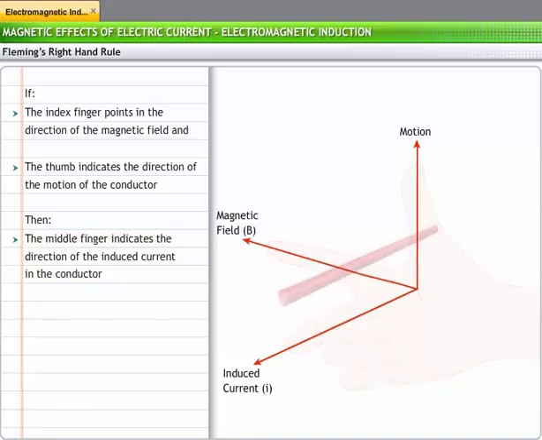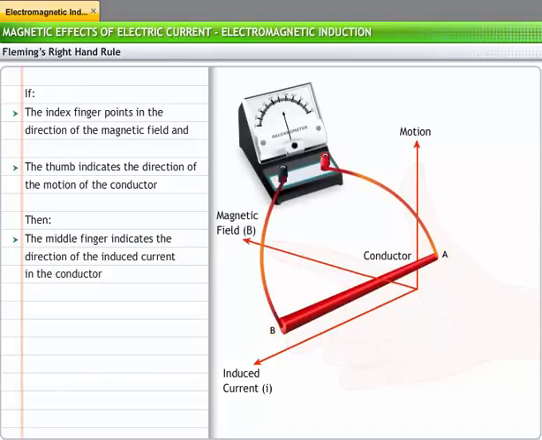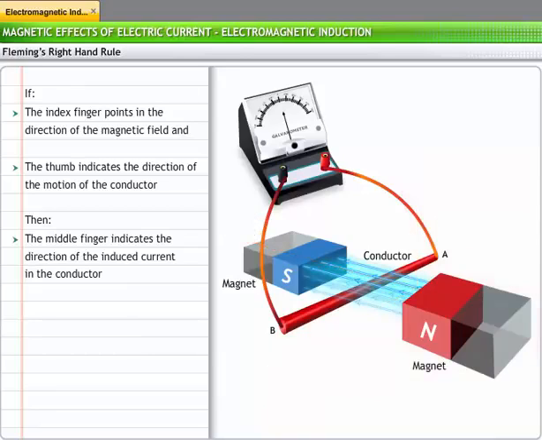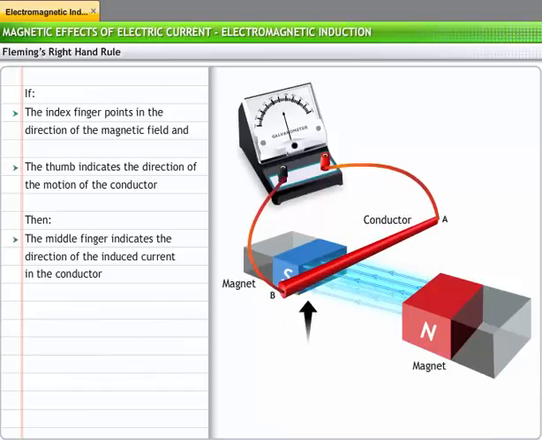Consider a conductor AB connected to a galvanometer placed in a magnetic field. The direction of the magnetic field is from the North Pole to the South Pole. When you move the conductor up, the galvanometer needle deflects to the right.